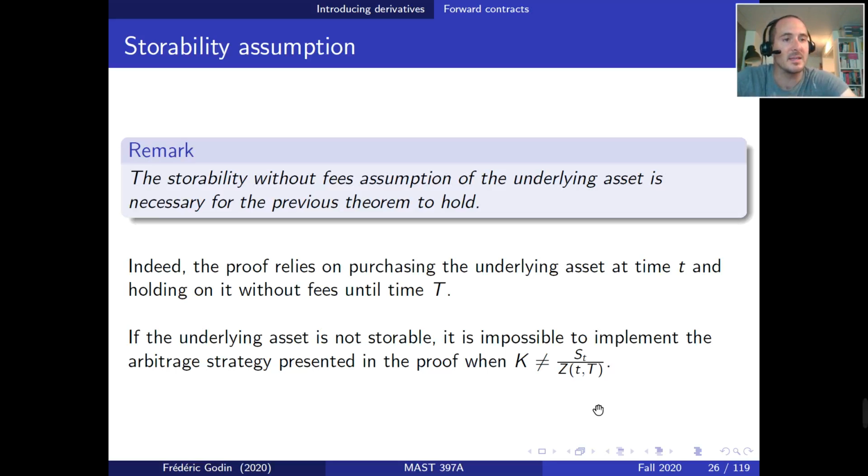The proof breaks if you don't make this assumption. Okay, so if you go back to the steps, one of the steps entailed purchasing the underlying asset at time t, and holding on to the underlying asset until time T.